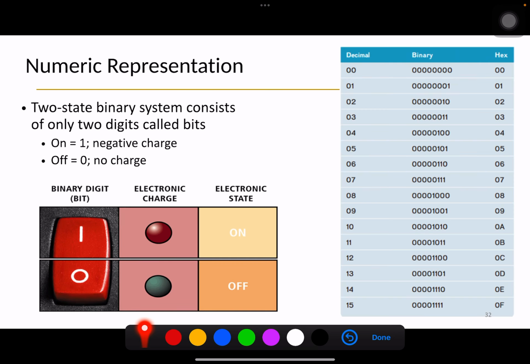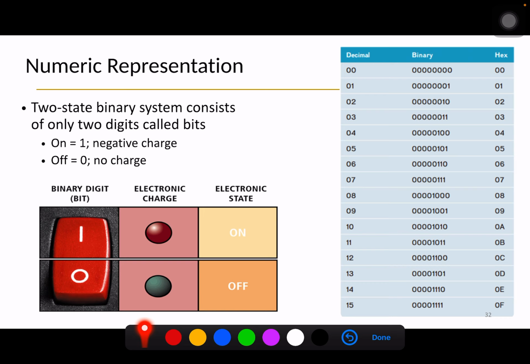Talking more about digital data, we must know about numeric representation, because the computer represents all the data in numeric representation. Basically in digital, we use binary. Binary consists of 2 digits only, 0 and 1. 1 represents on, 0 represents off.